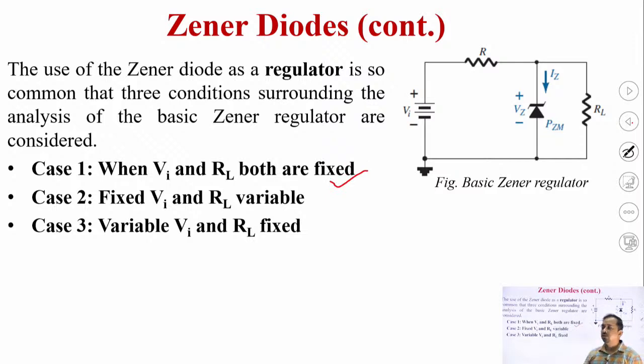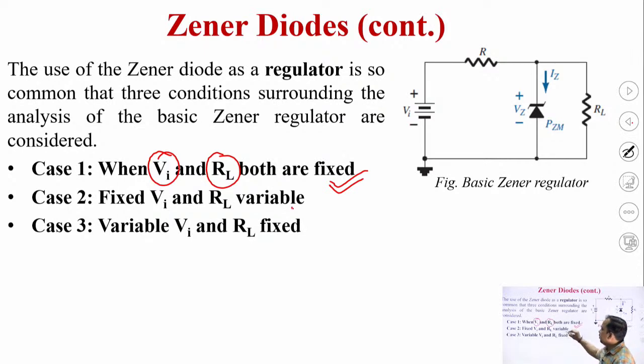First is the very easy case, where the input voltage and the load resistance RL are both fixed. We consider this an investigation case, where we need to check whether the circuit is working as a voltage regulator or not. We will see what the conditions are.